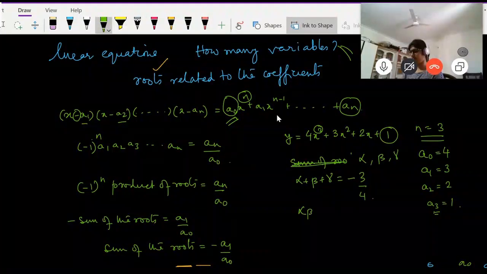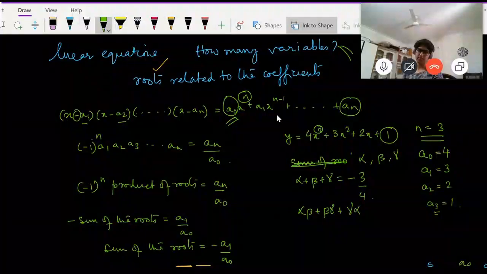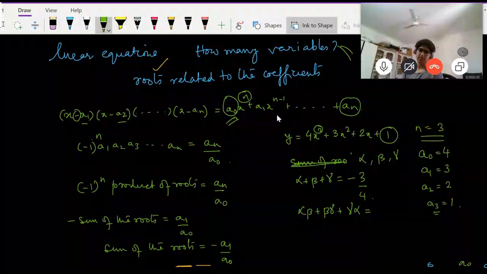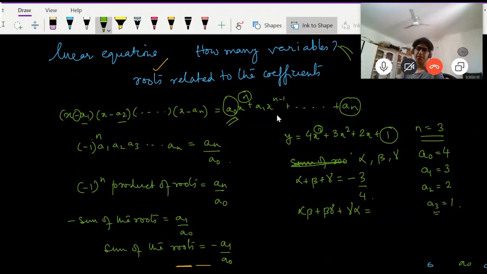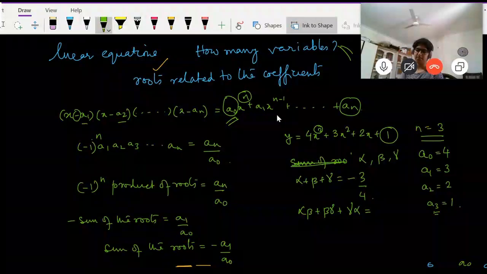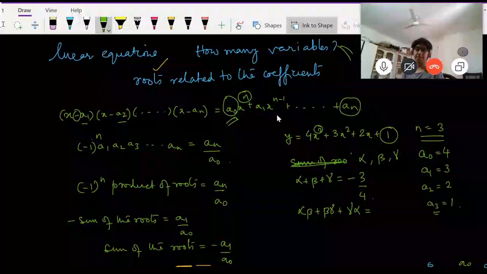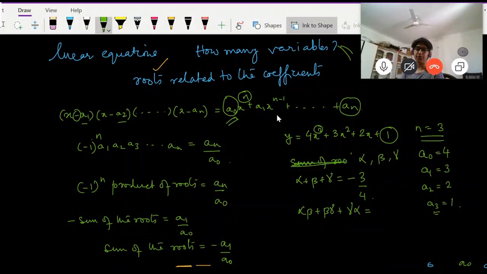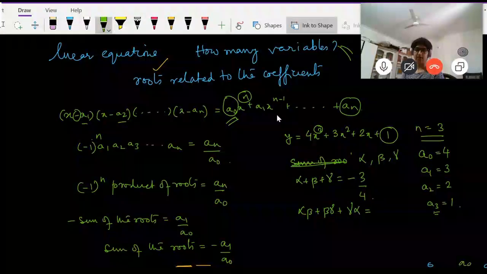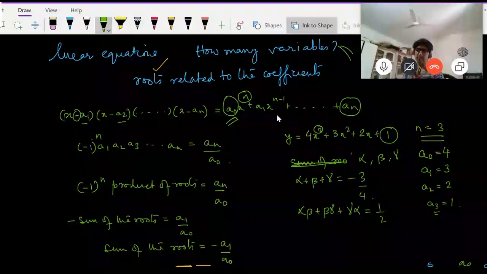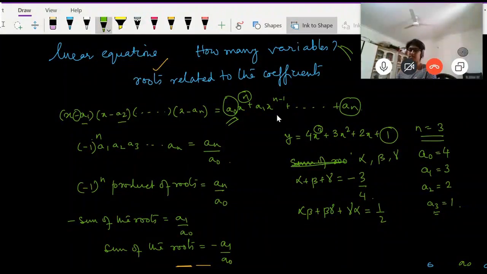What would be alpha beta plus beta gamma plus gamma alpha here? That means the sum of the products of the roots taken two at a time. It will be 2 upon 4, half.